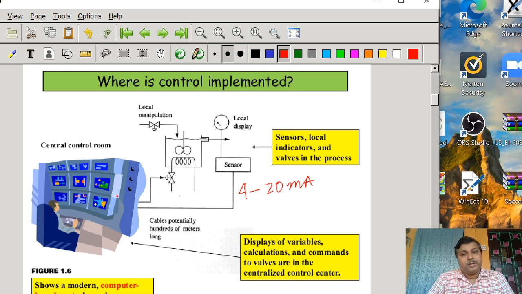So now we have to understand how this journey started and how we have reached these modern control facilities.